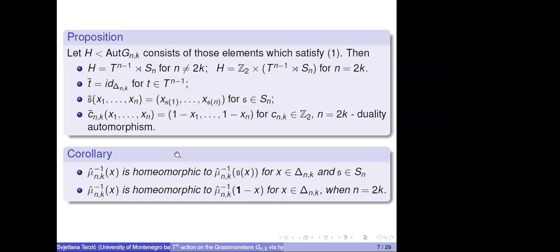So as a corollary of these two things, when we consider this moment map mu hat from the orbit space to the hypersimplex Δ_{n,k}, the preimages of points from Δ_{n,k} which belong to the same orbit of the group S_n are homeomorphic, and in the case of n equal to 2k, the preimages of these two points are homeomorphic.